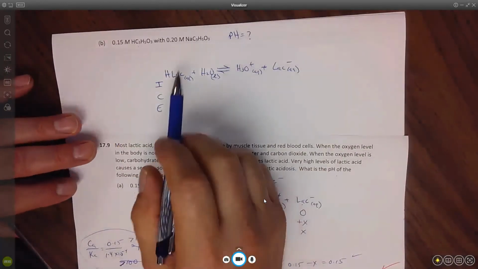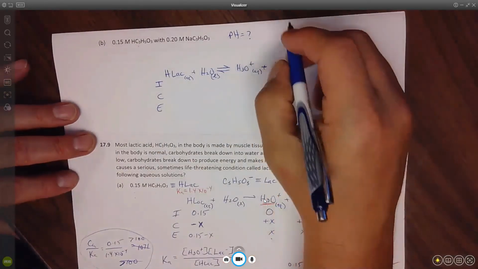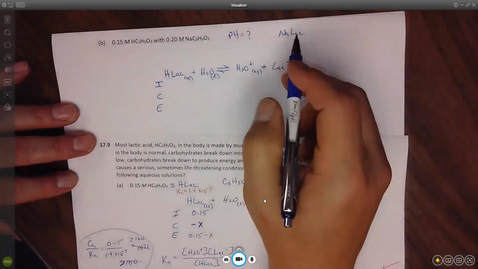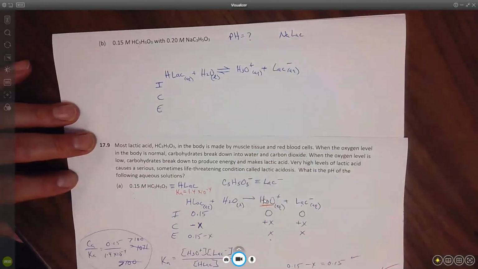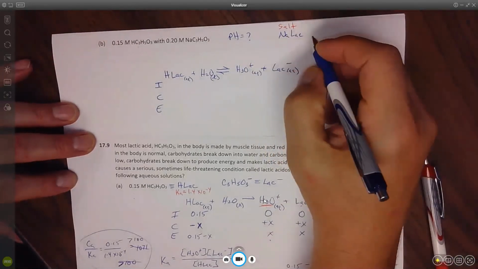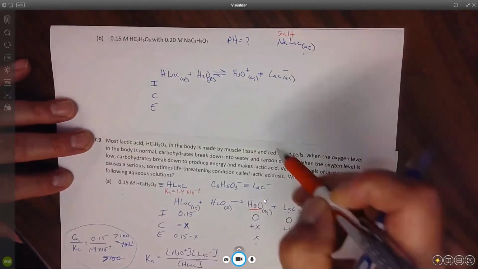Now, again, to stress that there would be no ice table for this. So if I have sodium lactate, I know that that's a salt, right? It's a soluble salt because of this sodium ion.